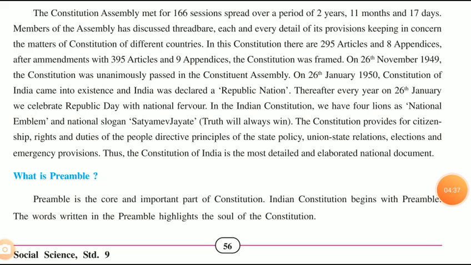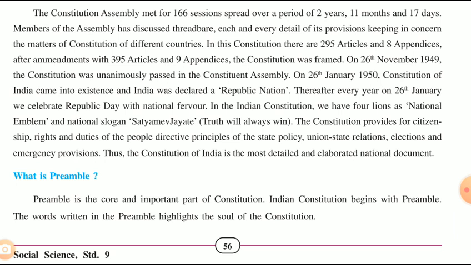During the formation of the constitution, the Constituent Assembly had 166 sessions in a period of 2 years, 11 months, and 17 days. All the members from various departments and sectors joined to form a constitution.